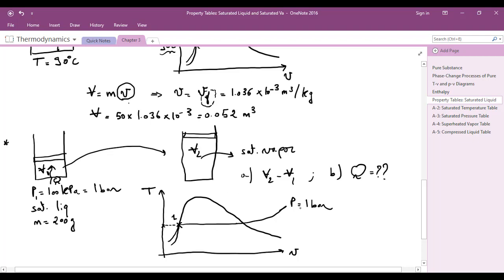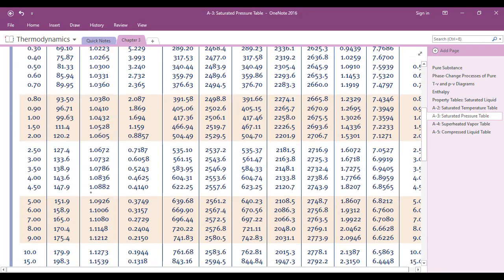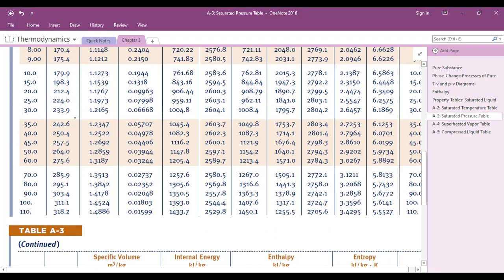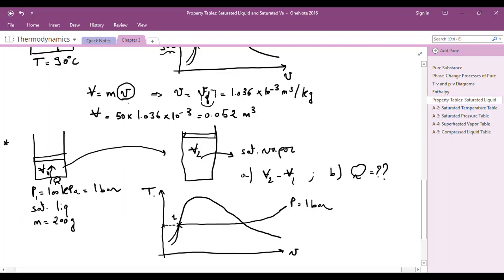Since we have the pressure, we need to look at the pressure table, since the pressure is given and is equal to 1 bar. If we go to the pressure of 1 bar, the saturation temperature at 1 bar is 99.63 degrees Celsius.